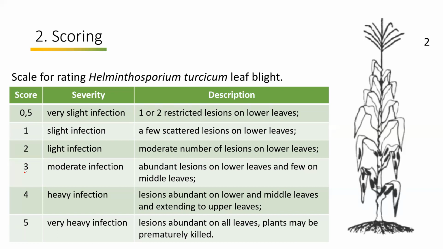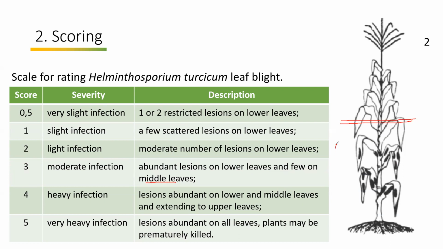For example, scoring for this plant, we cannot put it in score 3 because it's 3 only if there is blight on the middle leaf. But this middle leaf still has no blight, so it will not be score 3.